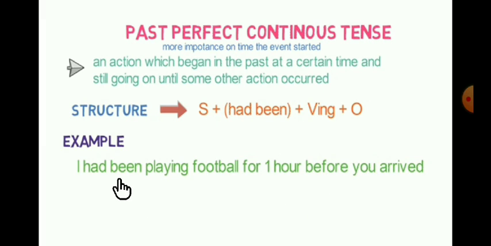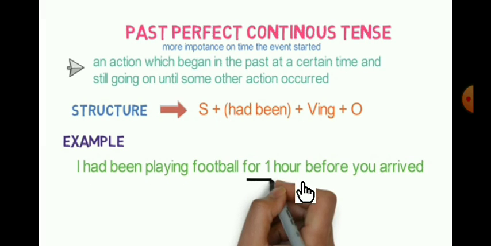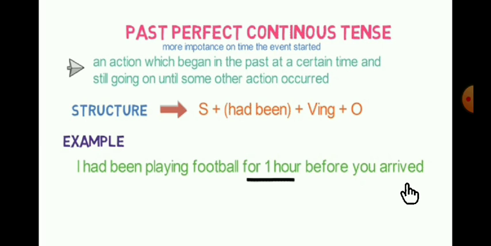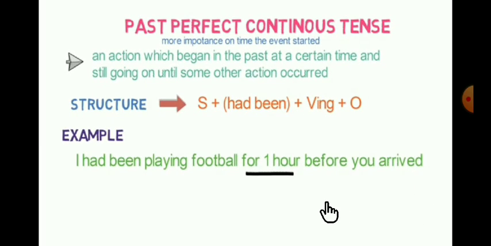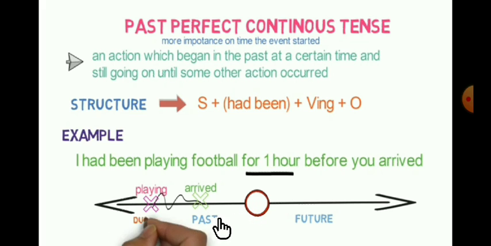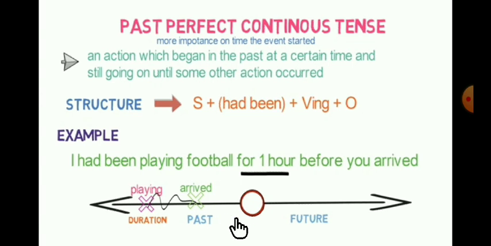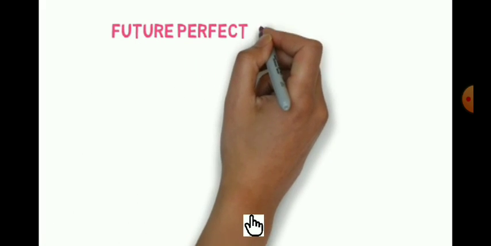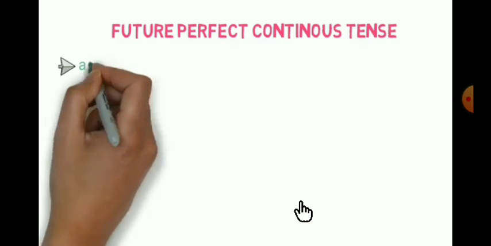See, I had been playing football for 1 hour before you arrived. Here, for 1 hour is underlined because it shows more specific timing, and timing is given more importance. See the action timeline: he is playing football here, and you arrived here, and the game is stopped somewhere in the past.